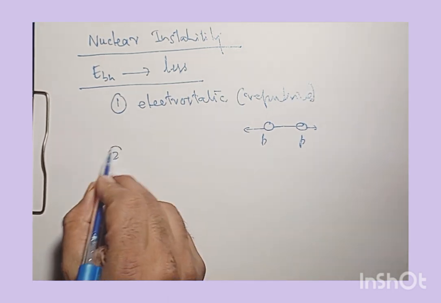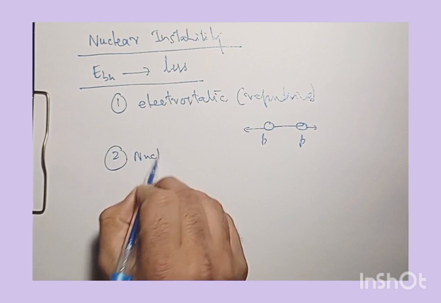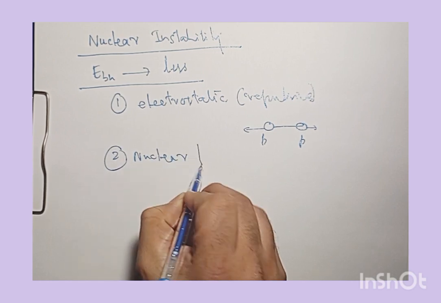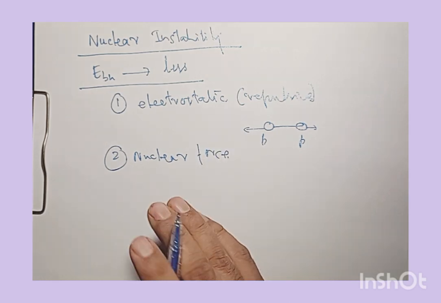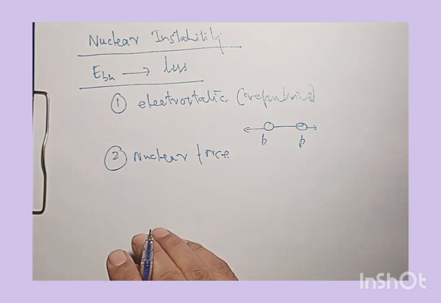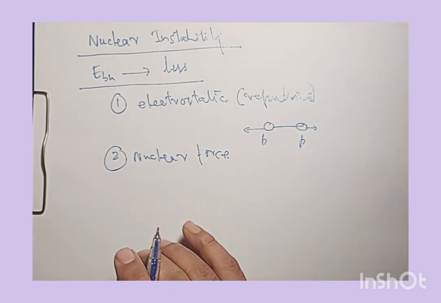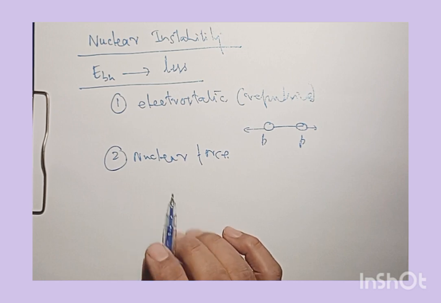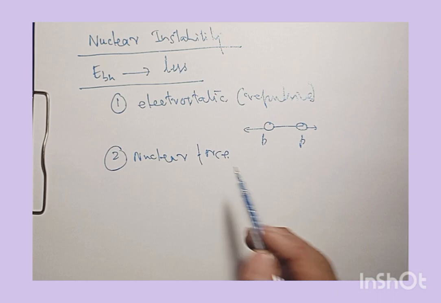And then we have the nuclear force, and this nuclear force is attractive, and this force is because of exchange of particles known as mesons. What we have inside the nucleus is protons and neutrons.